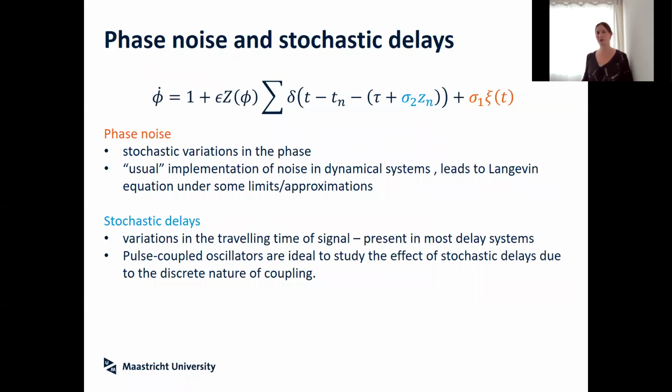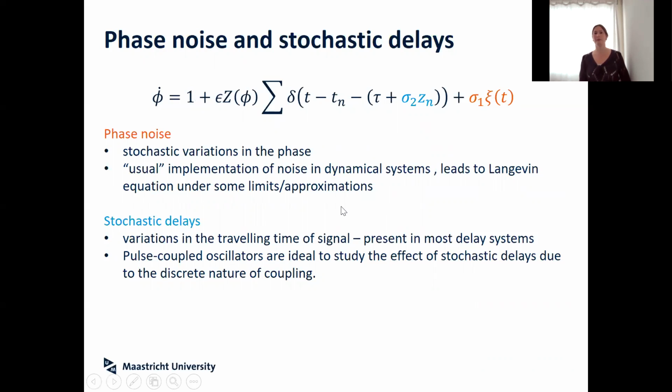Now, we introduced two different types of noise. The first, here in orange, is what we call phase noise. It's simply an additive noise source to the phase evolution, and that is the typical, usual implementation of noise in dynamical systems.